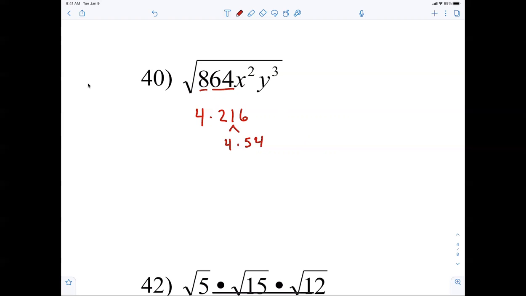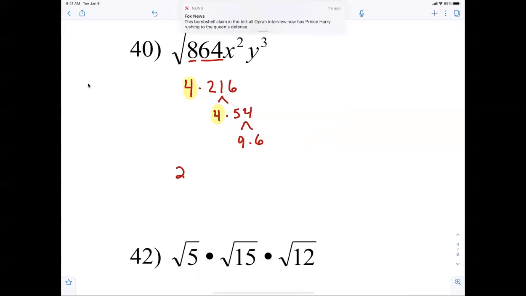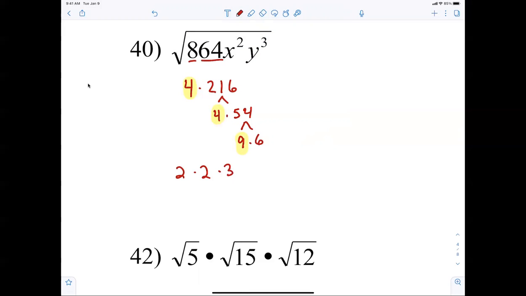And then 54 is 9 times 6. This one's a little bit slightly harder. So now, if you're looking at this, what's the square root of 4? 2. What's the square root of 4? 2. And then square root of 9, 3. That's not hard. And what's left behind? The 6.